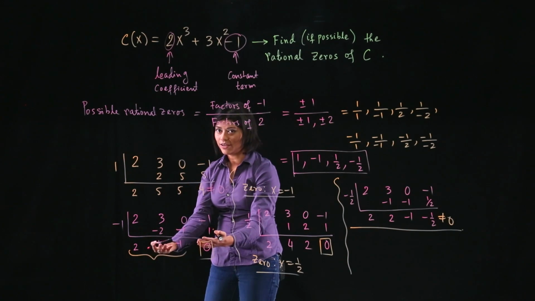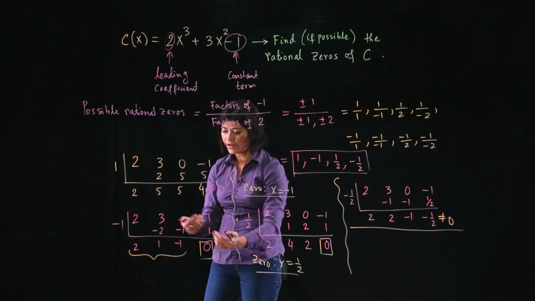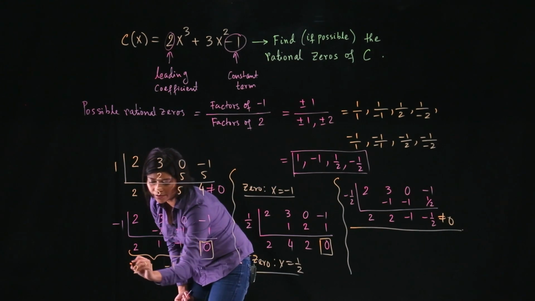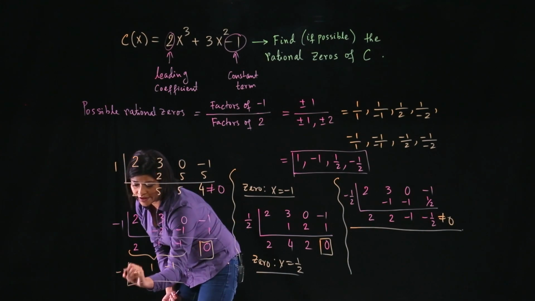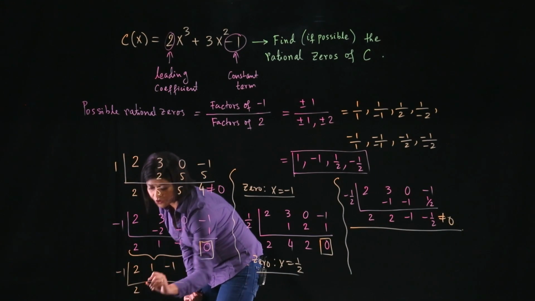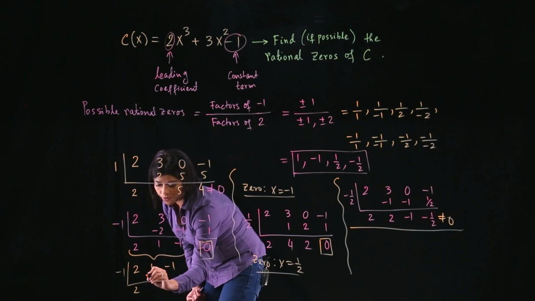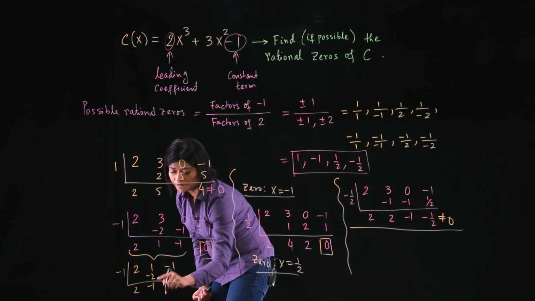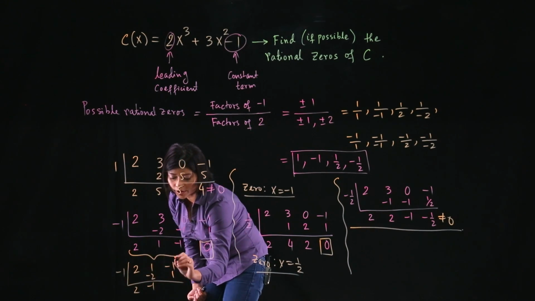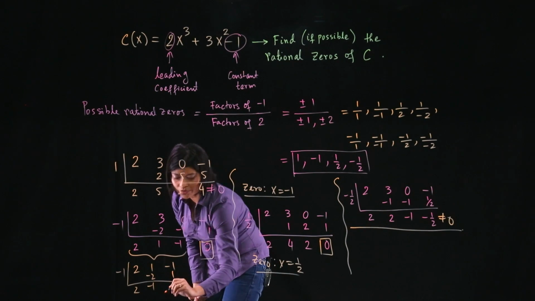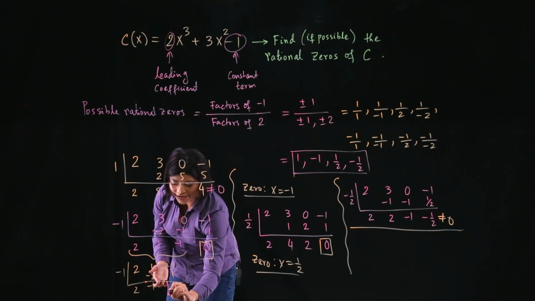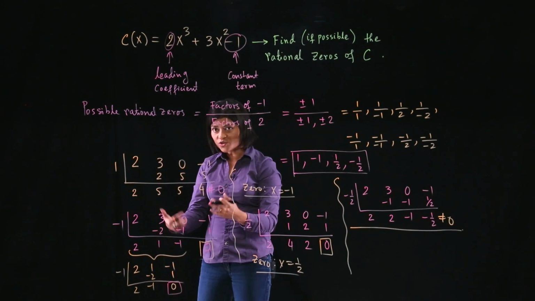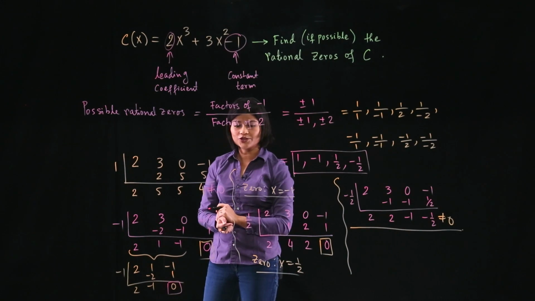So we have 2, 1, negative 1, and we try negative 1 again. Bring down 2. 2 times negative 1 is negative 2. Negative 2 plus 1 is negative 1. Negative 1 times negative 1 is positive 1, and you add, you get 0. So this is telling you that negative 1 appears twice, so the factor x plus 1 appears twice for this function.